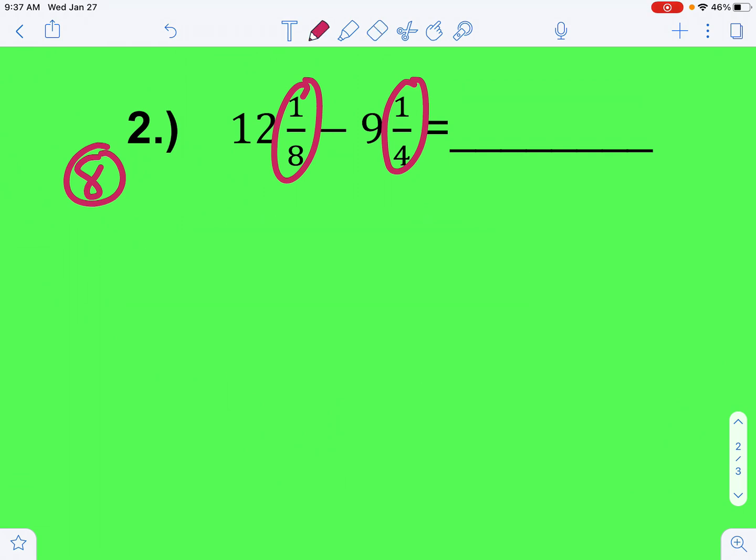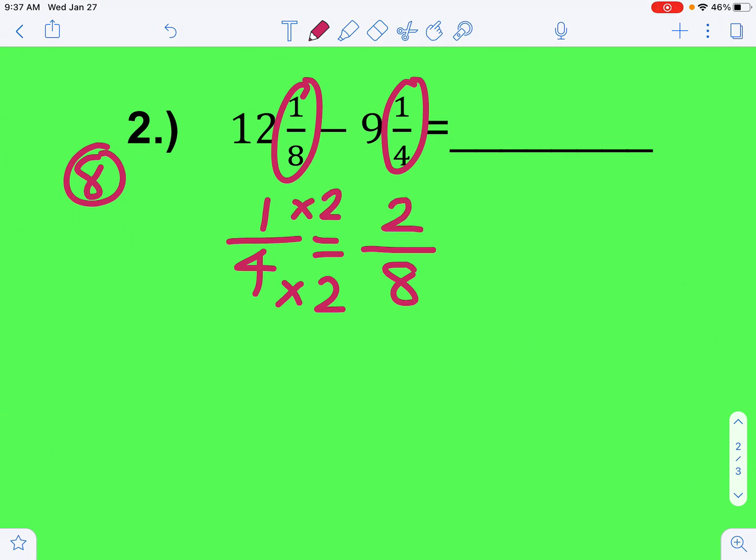I'll just show that for you. Now let's change our 1/4 to have a denominator of 8. 4 times 2 gives us 8. 1 times 2 gives us 2. Now let's rewrite this. We are taking 1/8 minus 2/8.